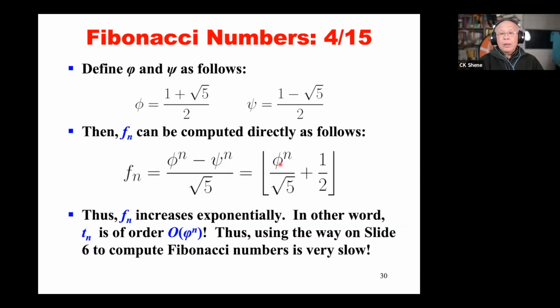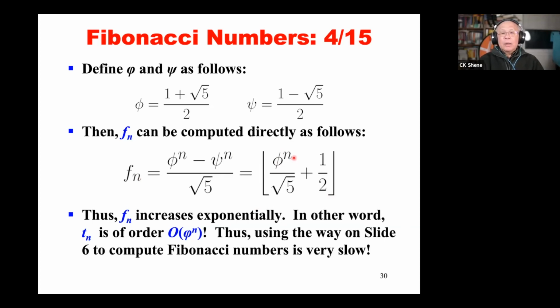After some manipulation, it can be simplified as follows: phi raised to the nth power divided by square root of 5 plus 1 over 2, and this is referred to as the floor function. It's just a truncated value. So as you can see, Fn increases exponentially because phi is a constant. Now the variable n is here.